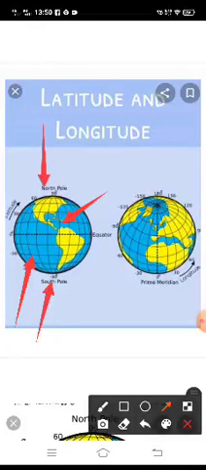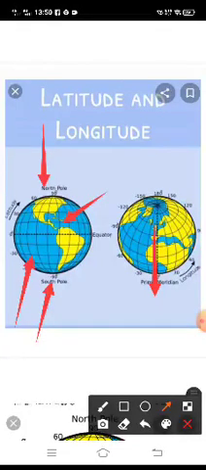What is the prime meridian? The prime meridian is the place where 0 degree is measured. We also call it the Greenwich, which tells us the time.